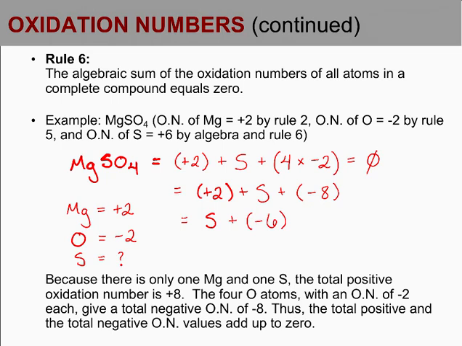And we want everything to equal 0, so that tells us that S has to equal +6. So that's how we would determine the oxidation number of an element that doesn't really have a rule assigned to it. And that can happen.